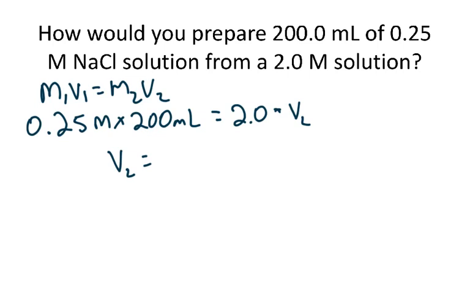Solve for my V2, and I get 25 milliliters. And then the question is actually, how would you prepare? So you're going to take 25 milliliters of the 2 molar solution and add water so that the final volume is 200 milliliters. So you're actually adding 175 milliliters of water to make your final solution.